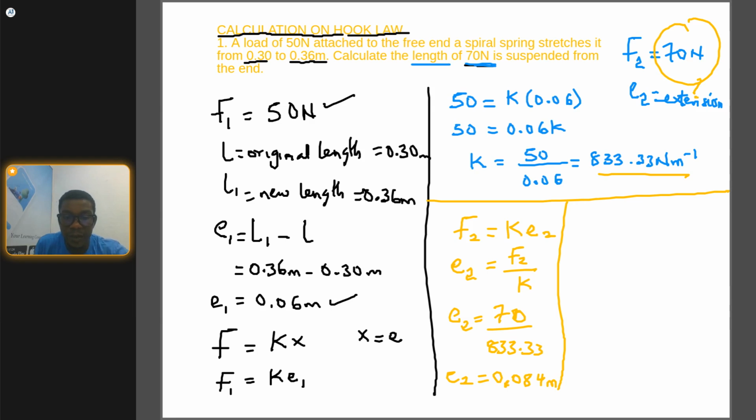That's the extension. Now the length. How do we get the length? Because the question says find the length. Length, which is what? L2, the new length.